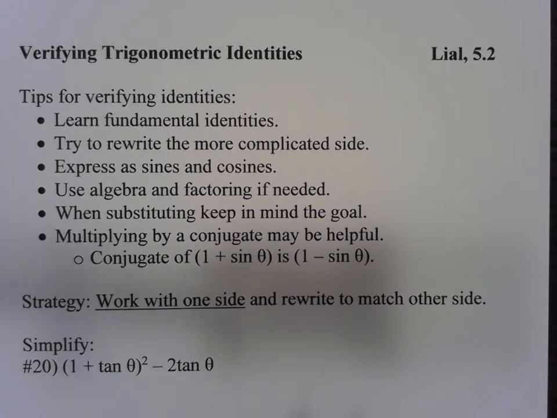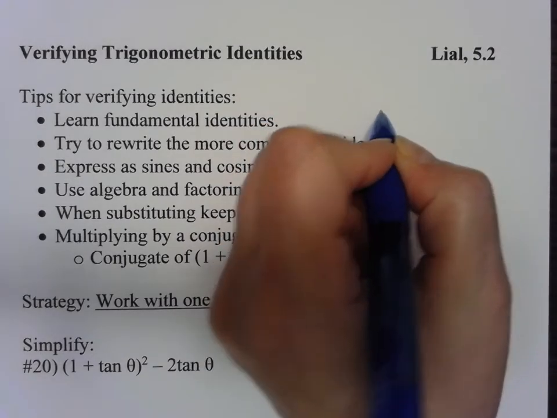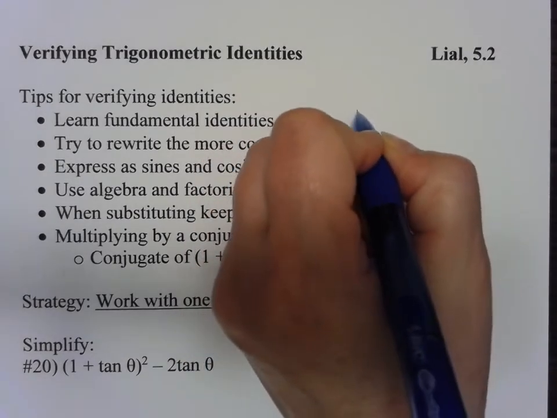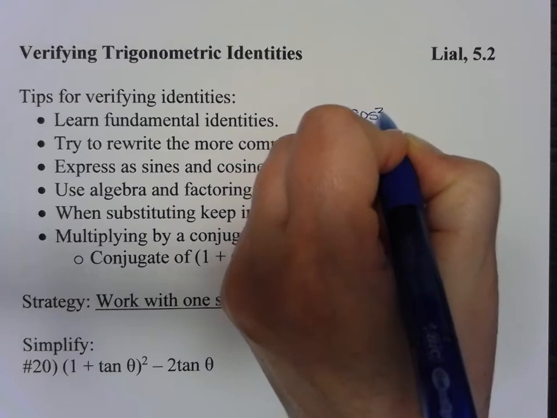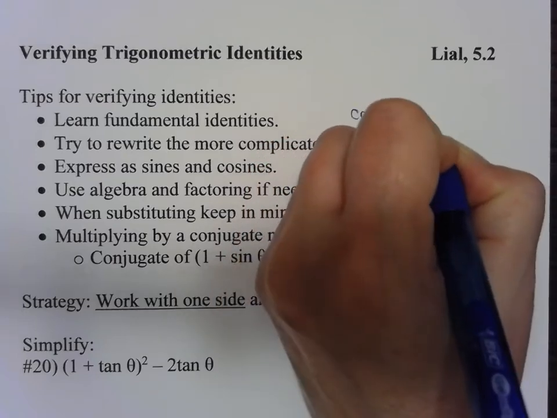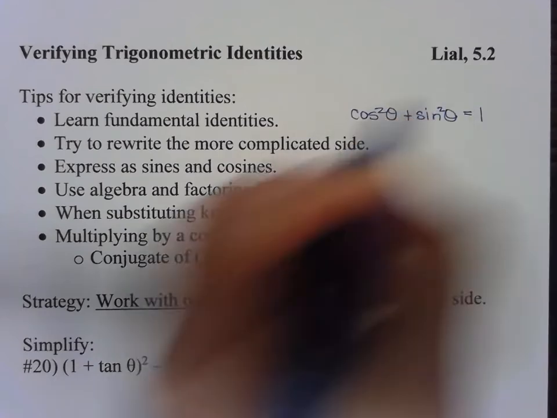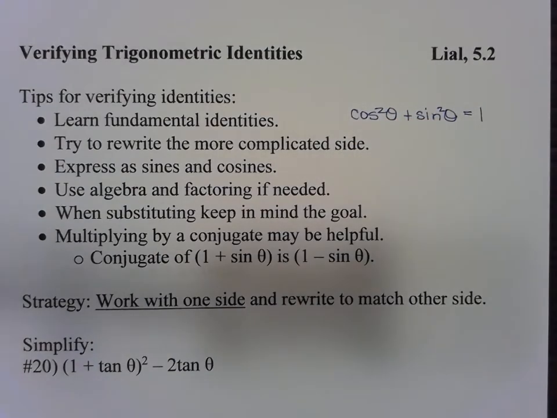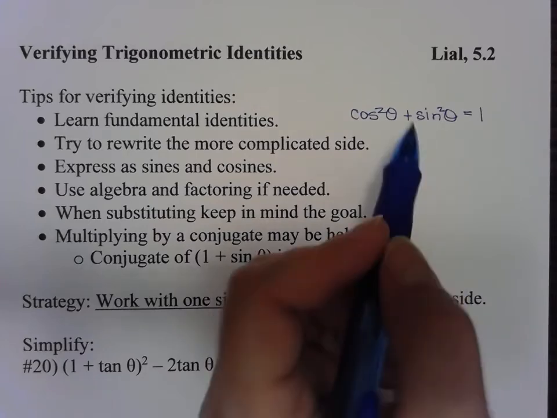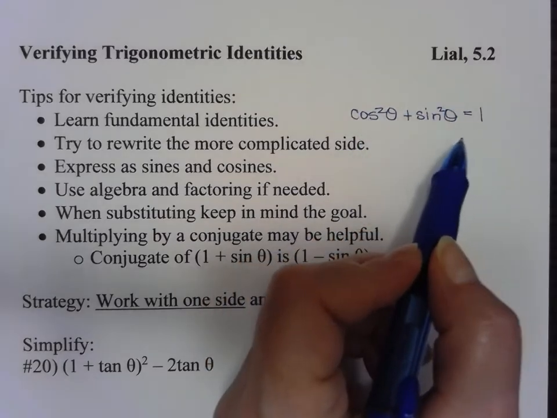To do that, I'm actually going to show you two things. Remember, one of the Pythagorean identities is cosine squared plus sine squared equals 1. Another way to write that, we could take this and rearrange it and still use it.